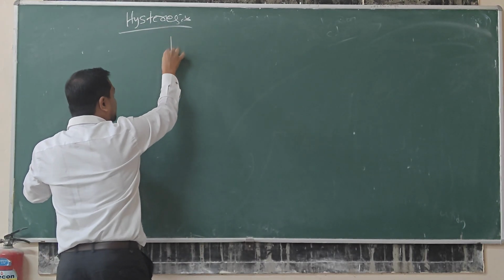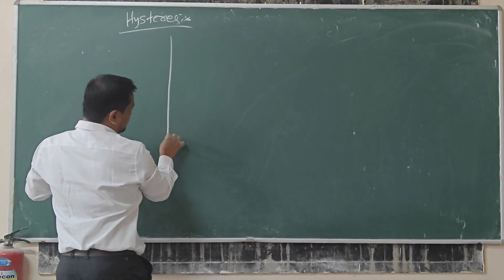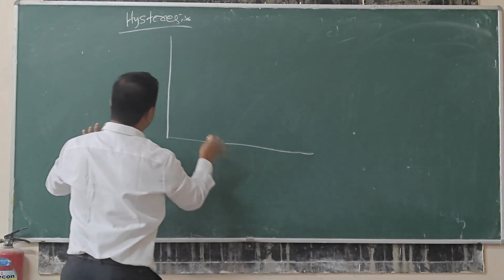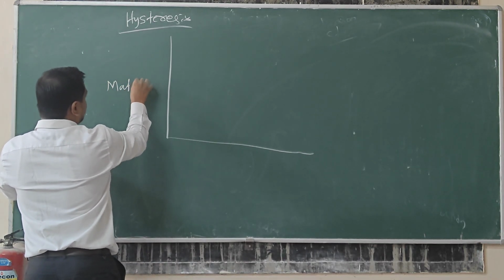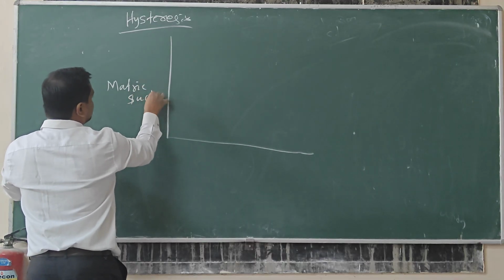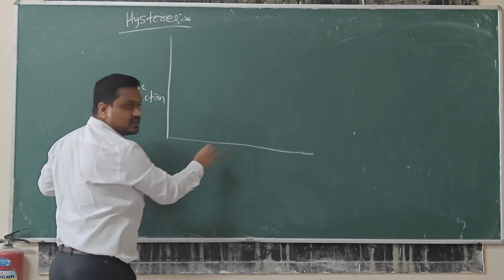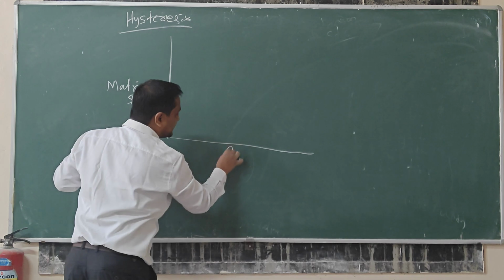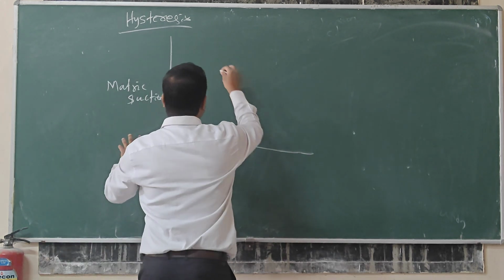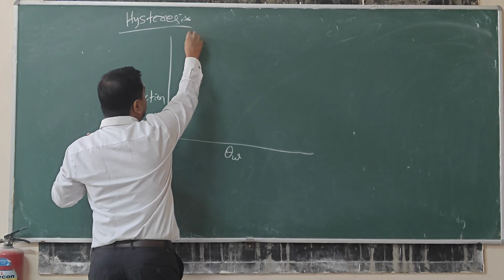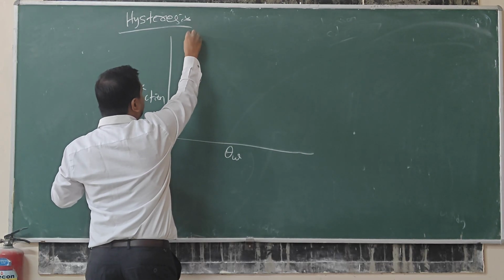Let's draw a diagram to understand this concept also. As we have seen, this is matric suction, and here it is your volumetric water content. Okay, and if you draw the curves, we have already seen.